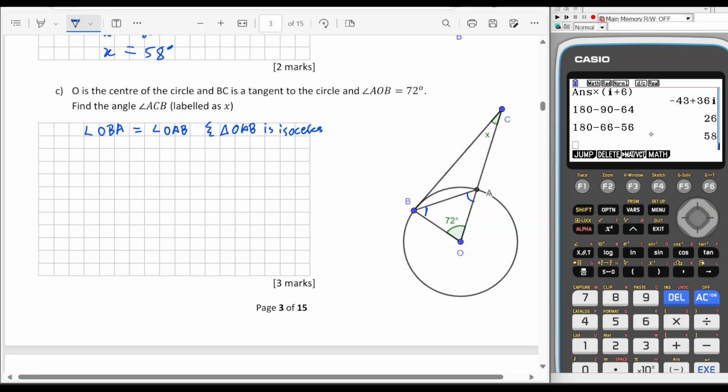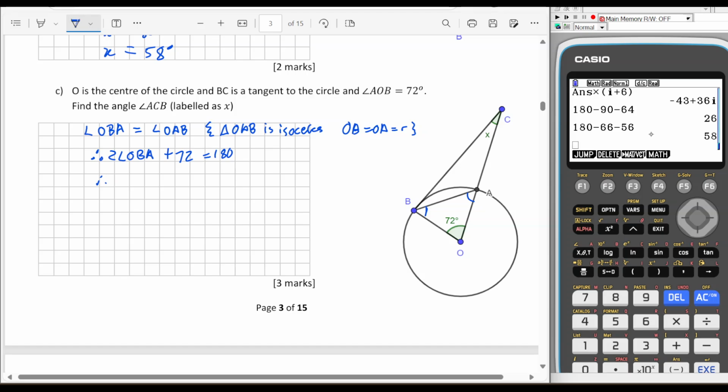So OB and OA are both the radius. Okay, so that's good. Therefore, angle OBA times 2 plus 72 is 180.